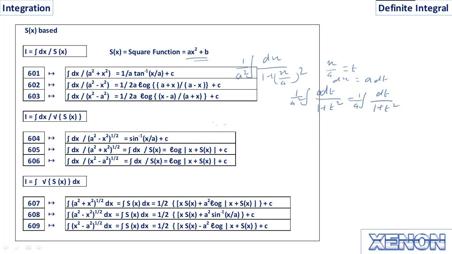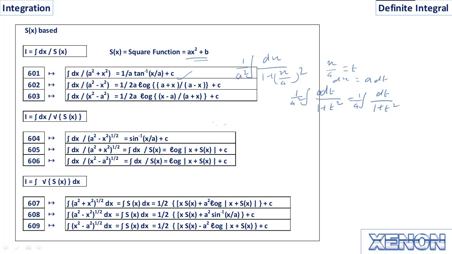So integration of 1 upon 1 plus t square with respect to dt will be tan inverse t. And t is x upon a, so we will be getting 1 upon a tan inverse x upon a plus c.